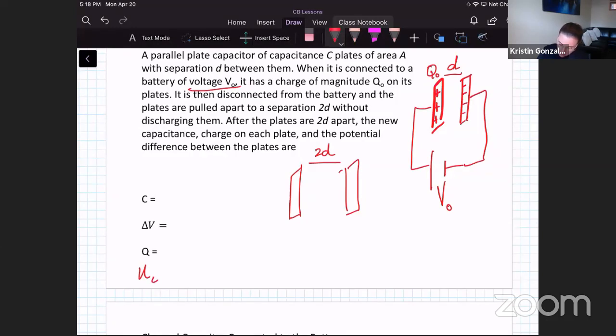So let's say our initial energy that's stored within that capacitor is U0. Okay, so what happens to the energy, the charge, the capacitance, and the potential difference once we disconnect it from that battery, and then we separate it to twice the distance that it originally was.